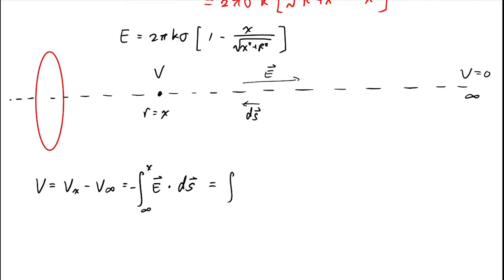So this thing becomes infinity to x of E ds. Good. However, my dr wants to go this direction, so we have ds being opposite of dr. So this goes back to negative.